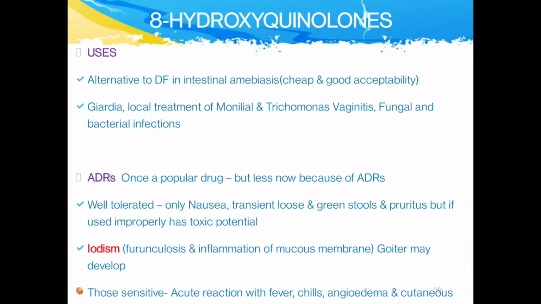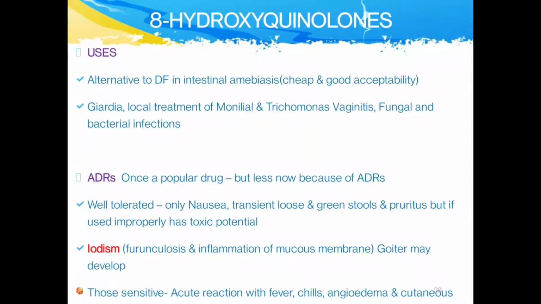Adverse reactions: once a popular drug but less now because of adverse reactions. Well tolerated, only nausea, transient loose and green stool, and pruritus, but if used improperly it has toxic potential.